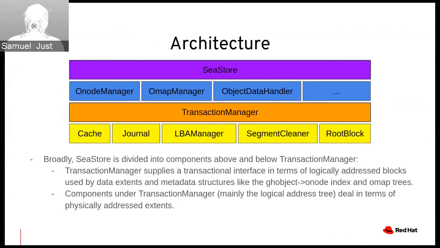The components under it, which are mostly the logical address tree, deal in terms of physically addressed extents. This gives us a way to build these higher level, more complicated data structures in terms of a more uniform, easy to understand interface. And I'm hoping that it will make implementing things like tiering simpler by creating a sort of a unified interface that won't need to worry about it.